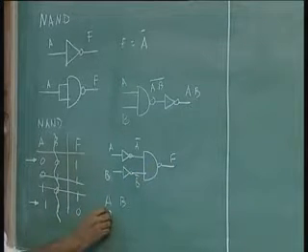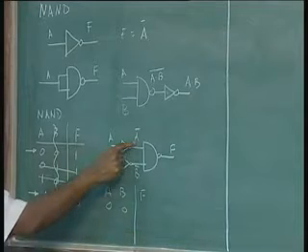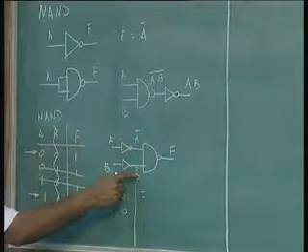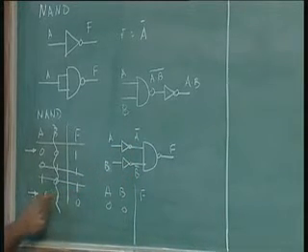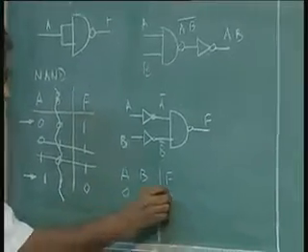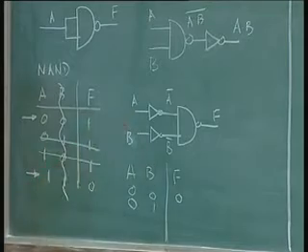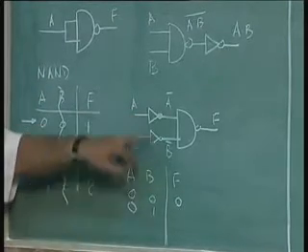If A is 0 and B is 0, this is 1, this is 1. So when you have 1 1 to the NAND gate, output is a 0. When you put A equal to 0 and B equal to 1, this becomes 1 and this becomes 0, 1 0, output is 1.